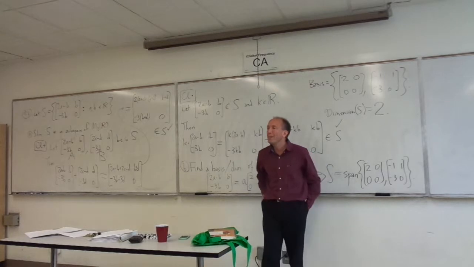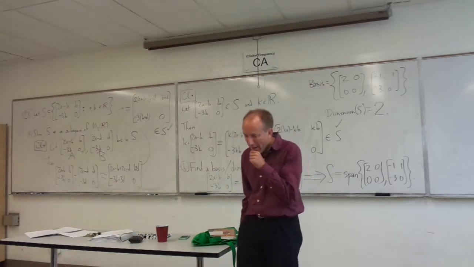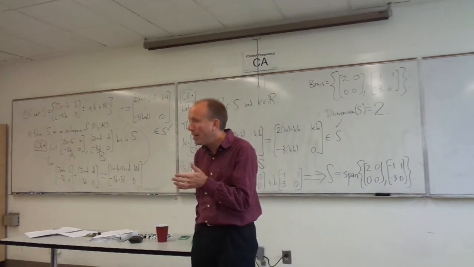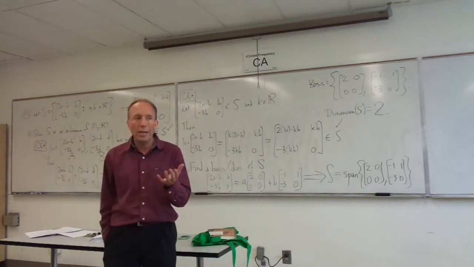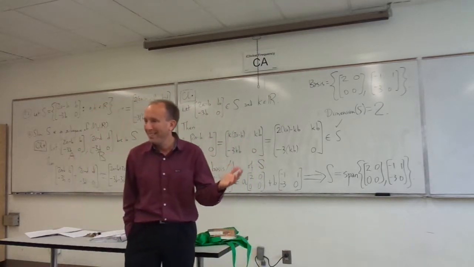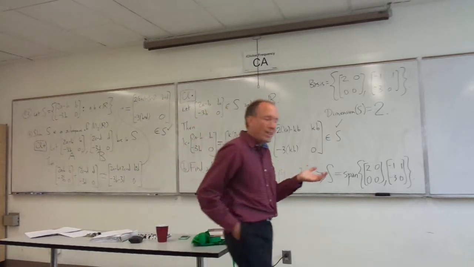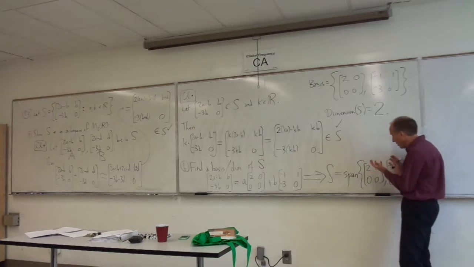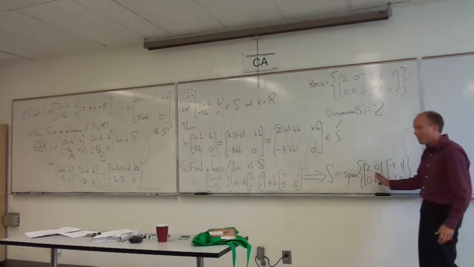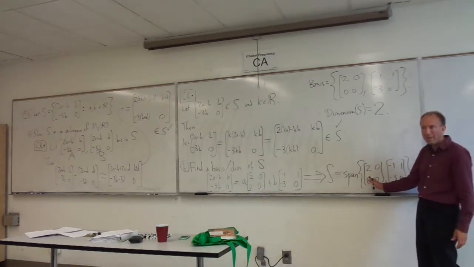And one of the things that we learned is that anytime you take a span of a set of vectors, you get a vector space by its very construction. The definition of this is the smallest subspace that contains these vectors in this list.